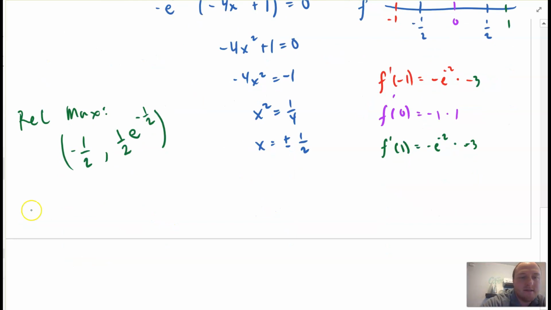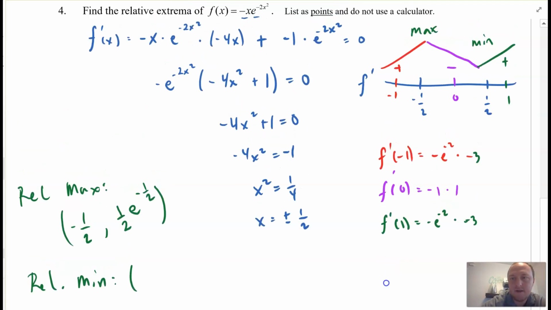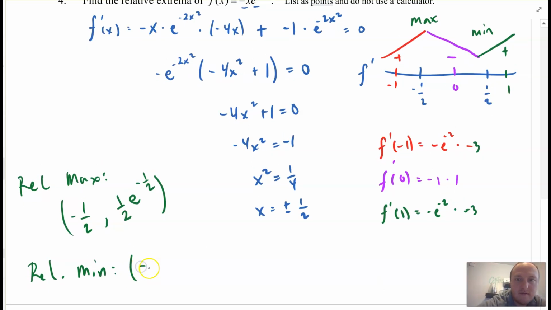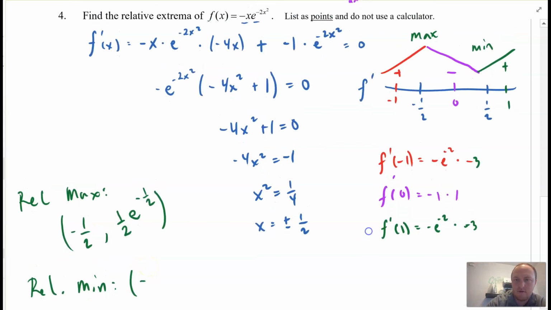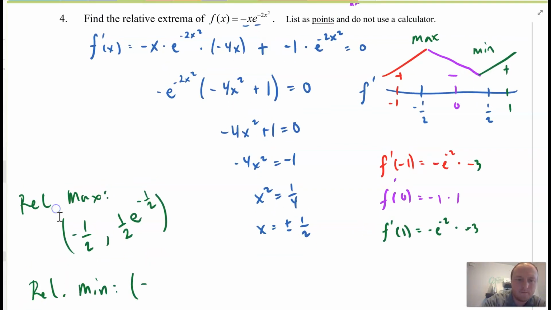Okay, there's our max, and then our relative min is going to be, so I plug in positive 1/2, and I get a negative 1/2. Hold on. Sorry, this is positive 1/2. I plug in 1/2, and when I plug in 1/2, my output is a negative 1/2 e to the power of negative 1/2. Okay, so there you have it.